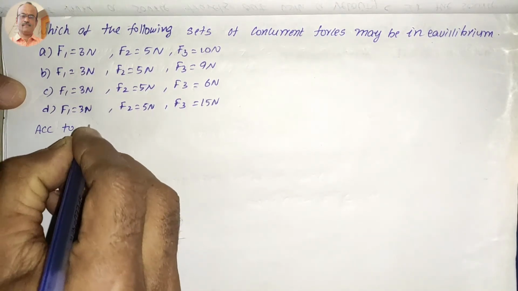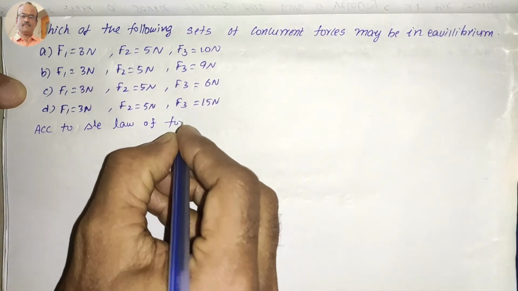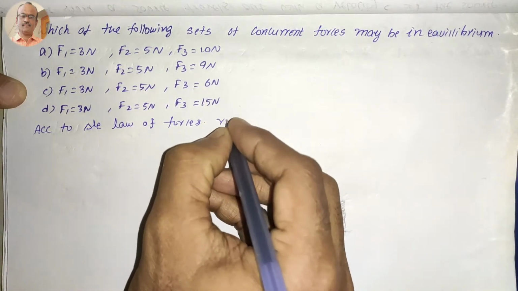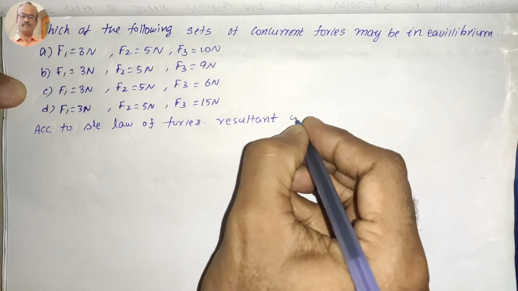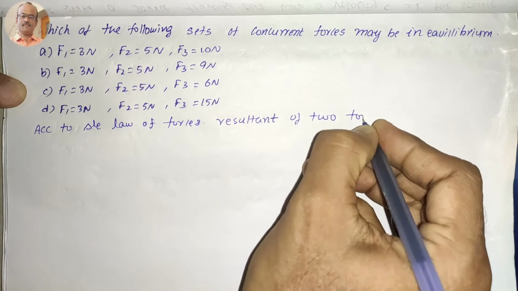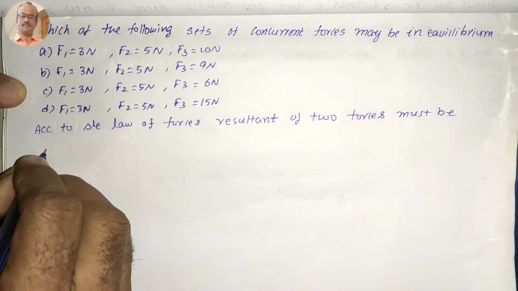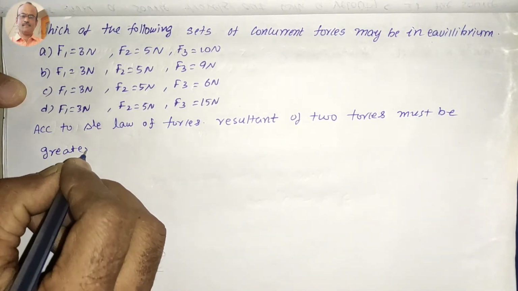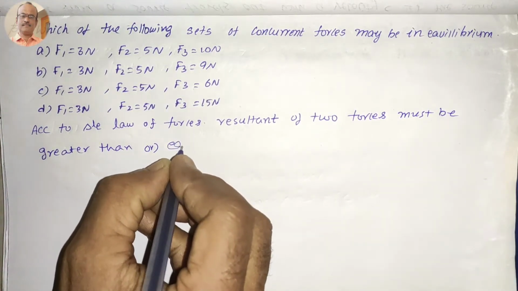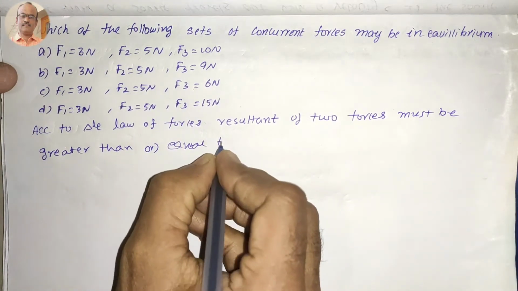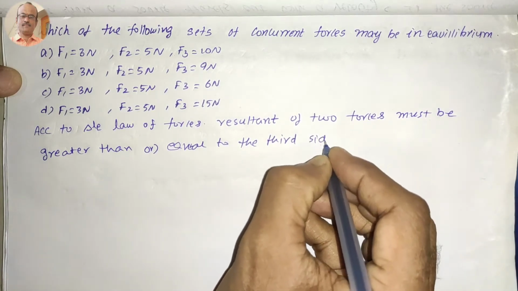According to triangle law of forces, resultant of two forces must be greater than or equal to the third side.